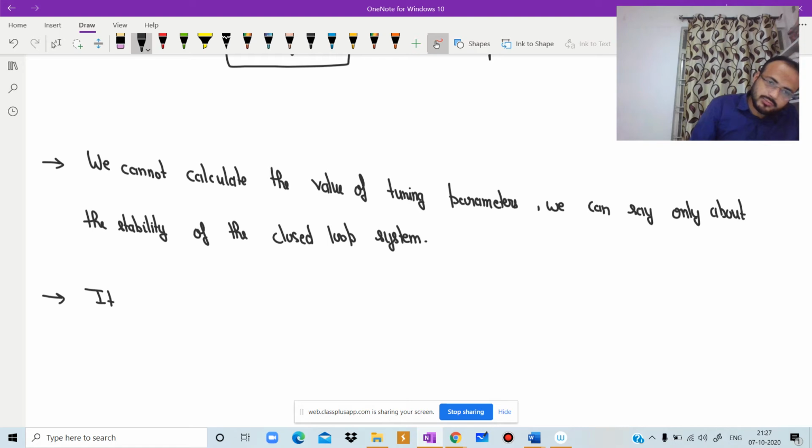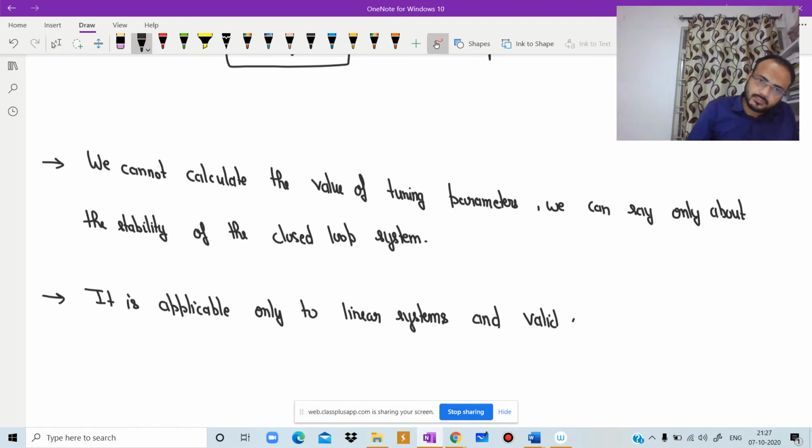It is applicable only to linear systems, and valid only if the characteristic equation is algebraic.